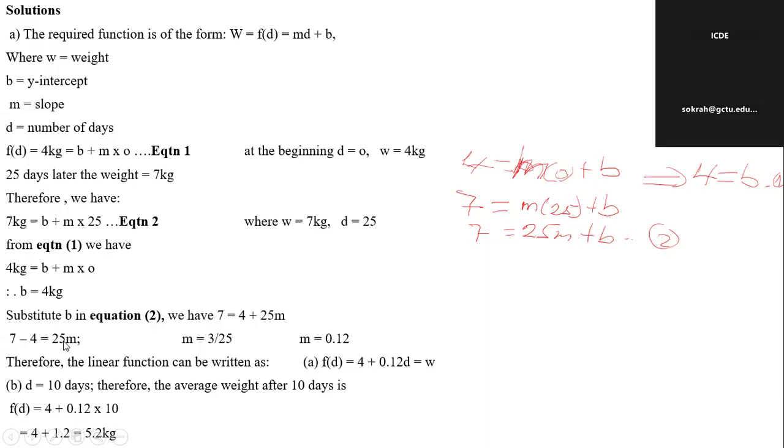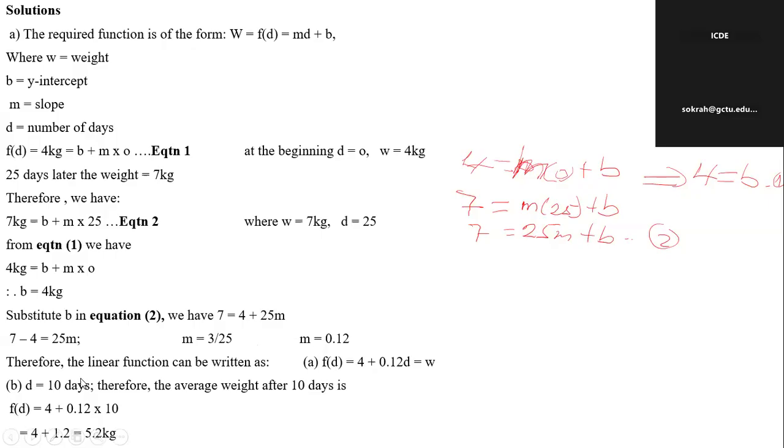If you divide through by 25, you are going to have 3 over 25. Then 25M divided by 25, the 25 cancels out. We are left with M. So that is what you see here. And if you take your calculator and divide 3 by 25, you get M to be 0.12.